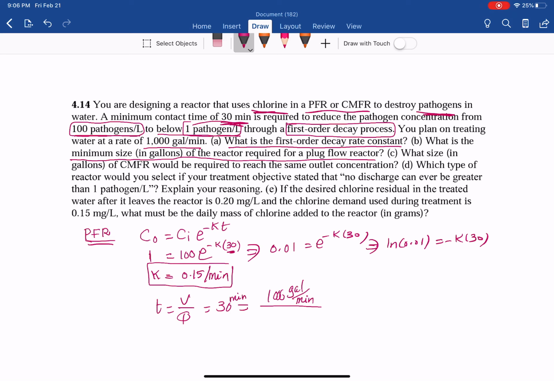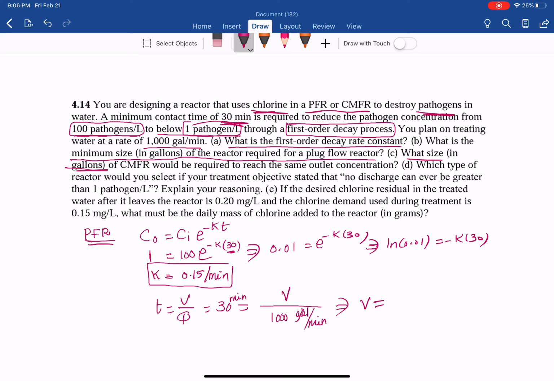Okay, what is the charge? This is not volume, sorry. Yeah, this is the flow here, gallons per minute. Where is the volume? Oh, he needs to find the volume. That's the question: what size, in gallons? So you need to find the volume.